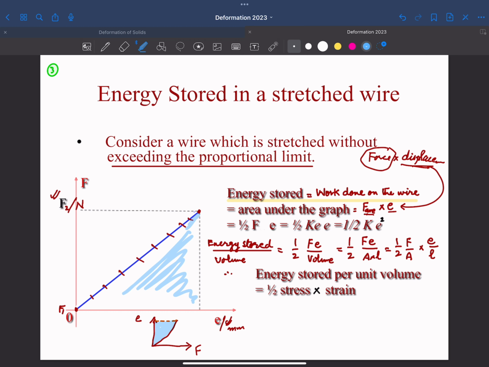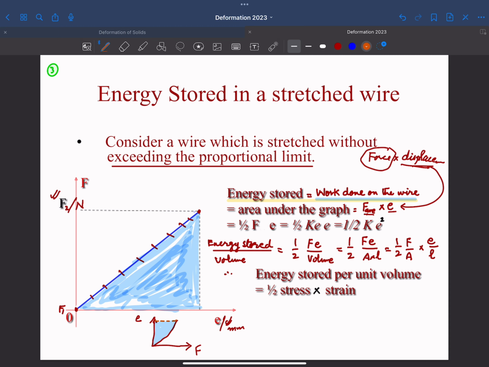This time, as our force is along the y-axis and extension is along the x-axis, this area is the energy stored in a body, or simply the work done on the wire.